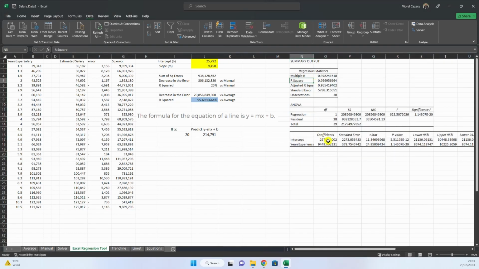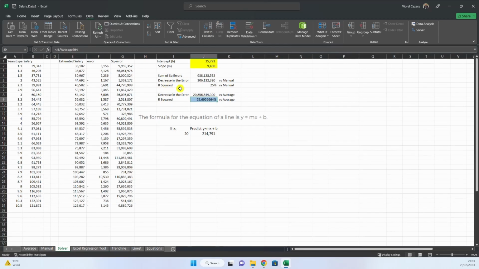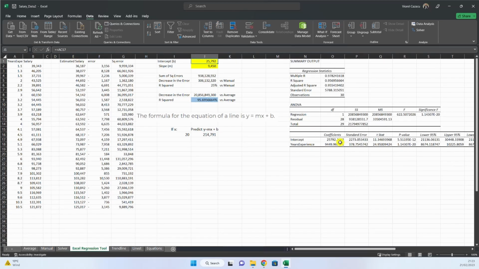So Excel calculated, as you see here, the adjusted R squared that we already calculated manually. And also it calculated the intercept, 25792, that we already have from the solver. So Excel gave us the same solution and the same slope.